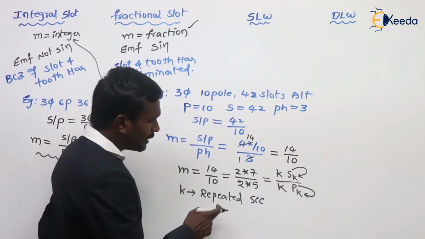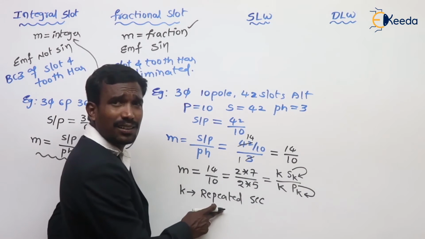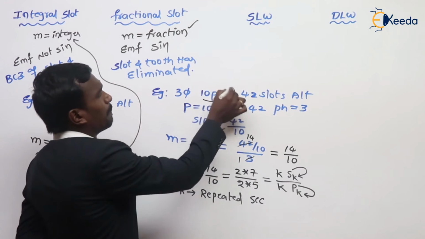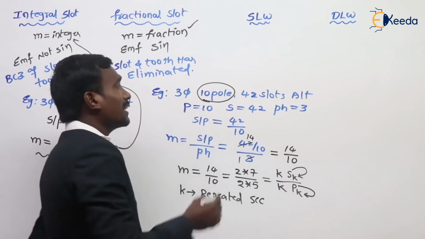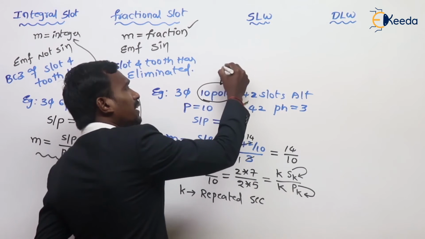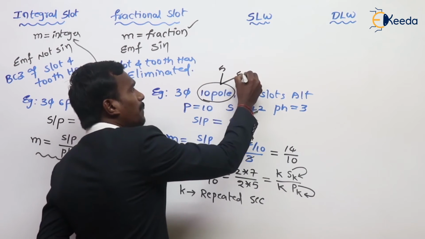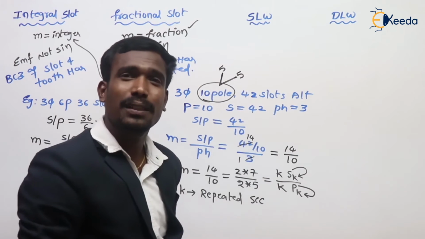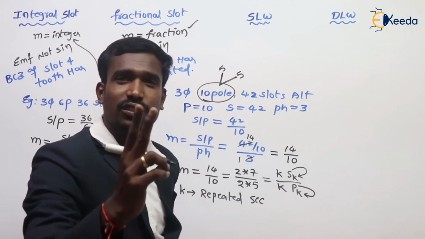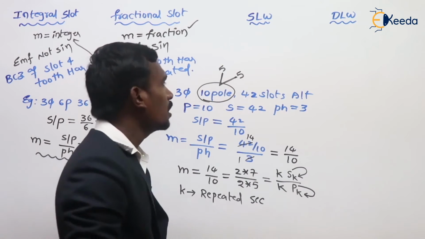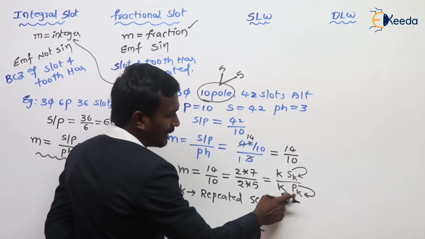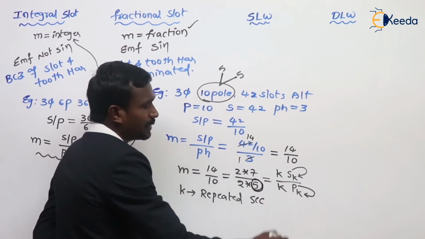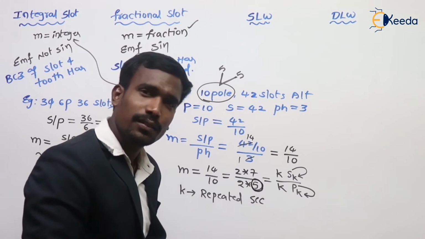Here, how many repeated sections are there? 2 repeated sections. How many poles for each repeated section? 5 poles for each repeated section. So Pk is 5. The repeated poles are 5 and 5.